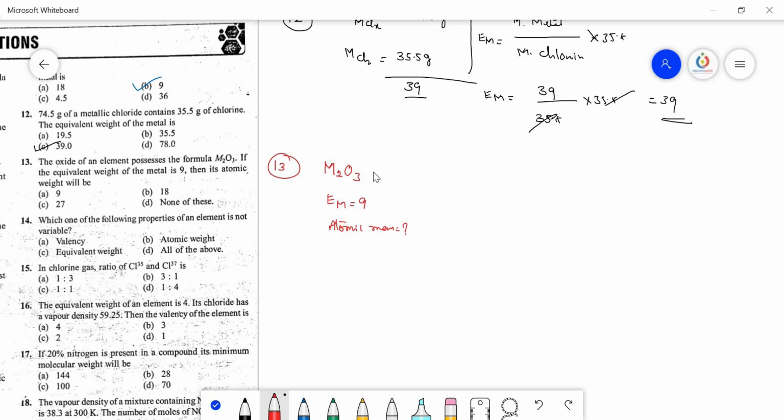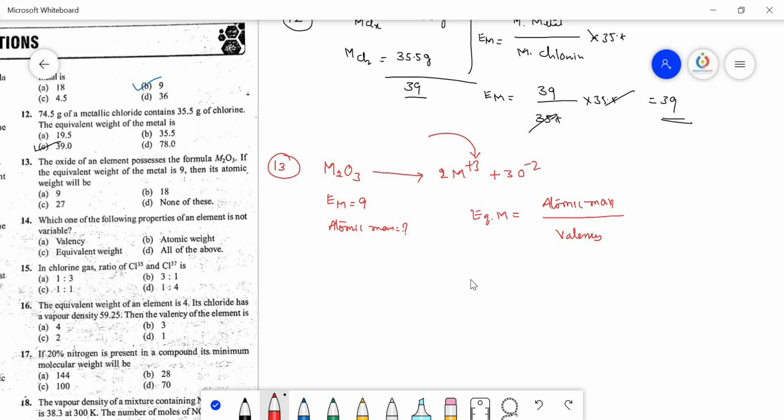This metallic oxide dissociates into 2M+3 and 3O-2. What is the valency of the metal here? 3. We know the formula: equivalent mass of any metal equals atomic mass divided by valency.